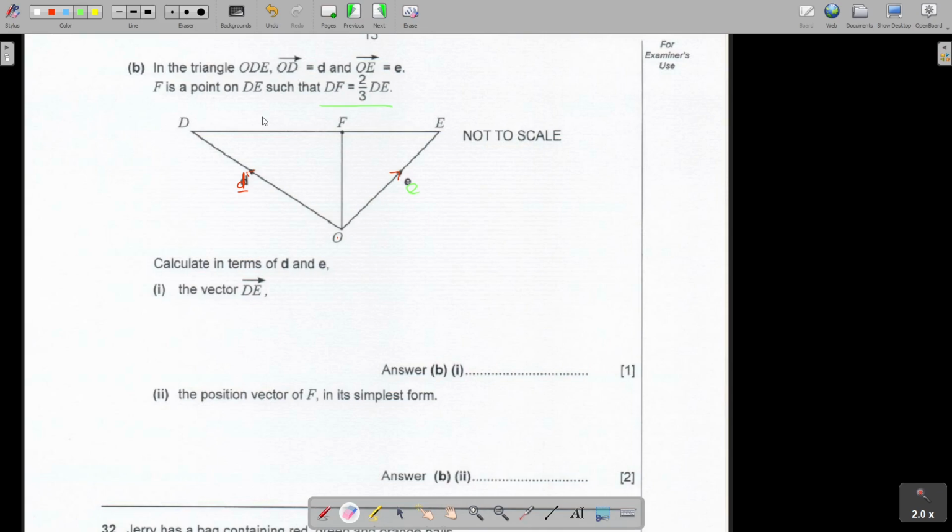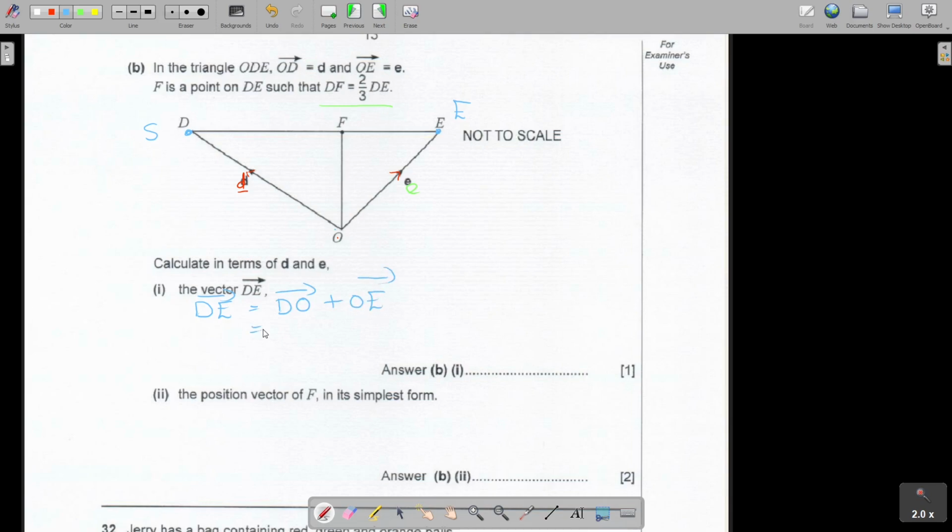Now, that is usually starting with an easy one. And please write it out. DE. That's my route. From D, I start there, to E, I end there. Find a route that's a longer one, but you start where I start and you end where I end. So what will that be? That will be DO plus OE.